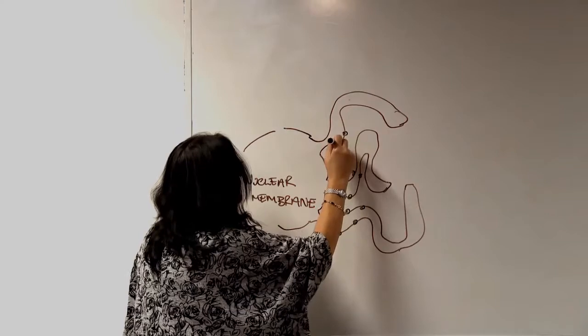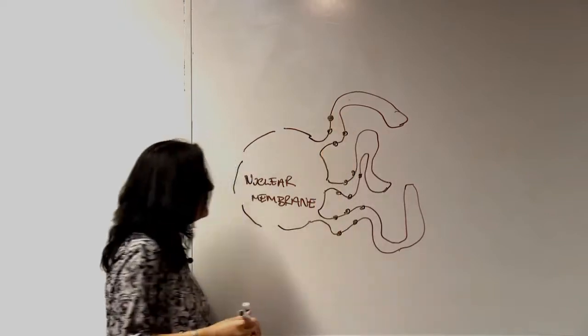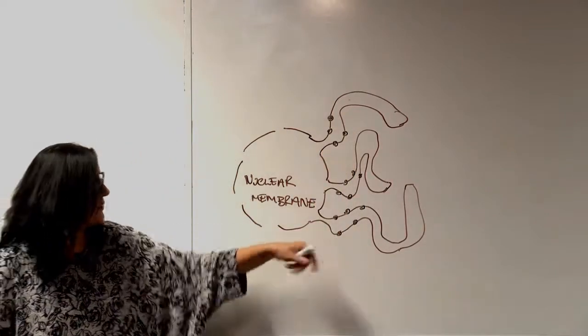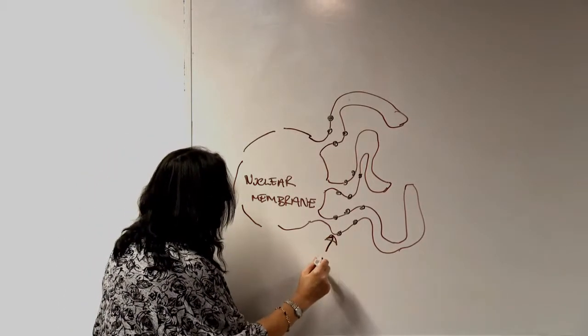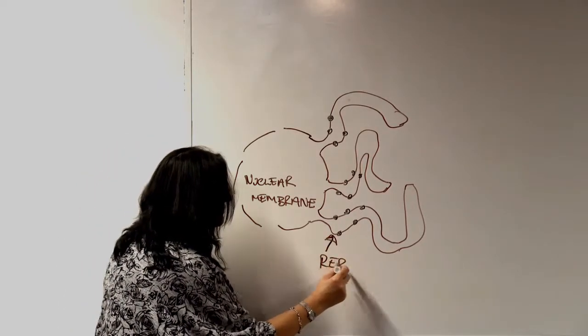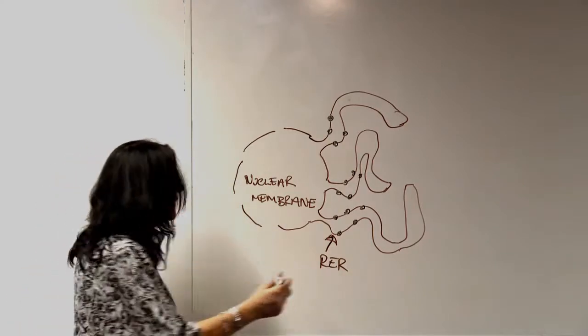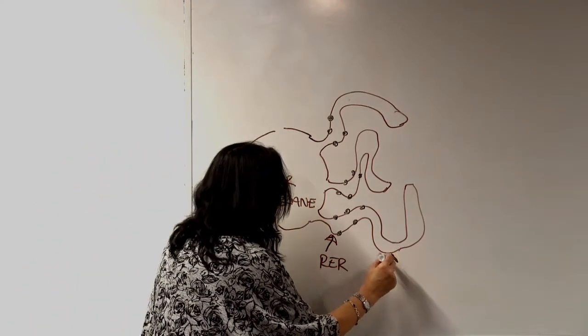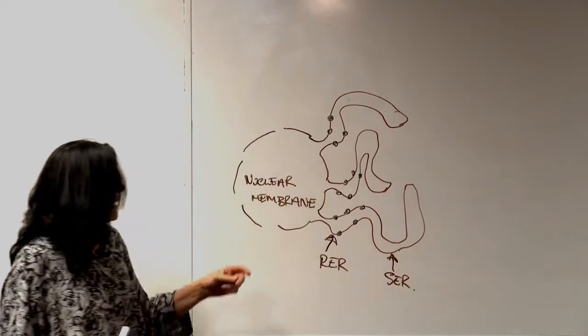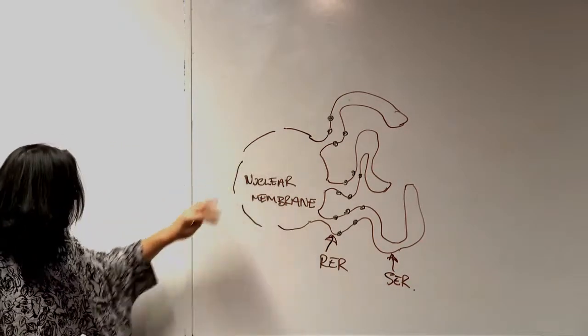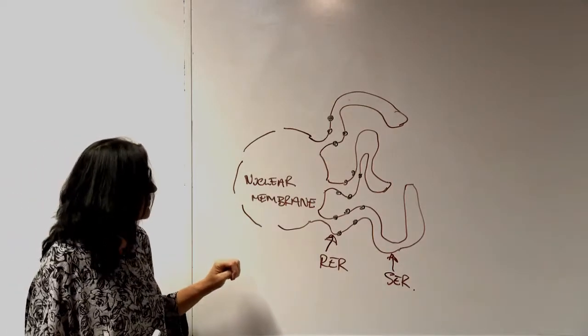So we have rough endoplasmic reticulum, and then later on we have smooth endoplasmic reticulum. So rough endoplasmic reticulum we can shorten to RER, and guess what? SER. Okay, so that's our endoplasmic reticulum, our nucleus.